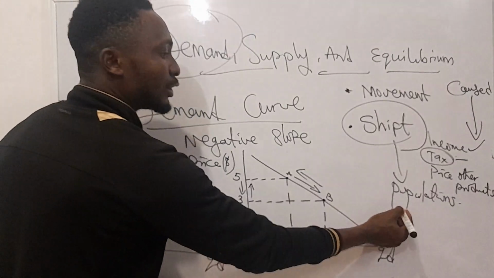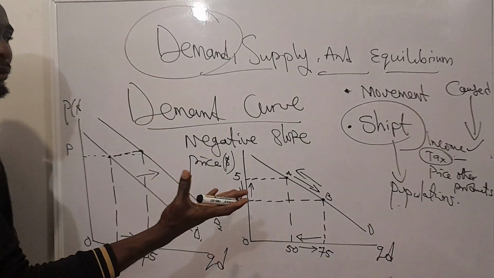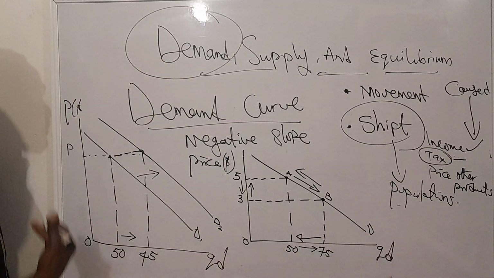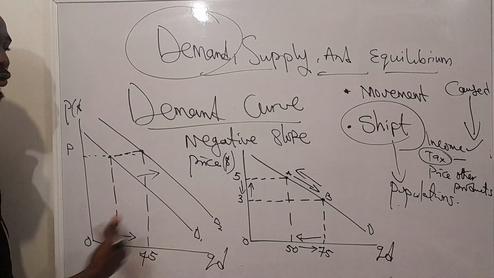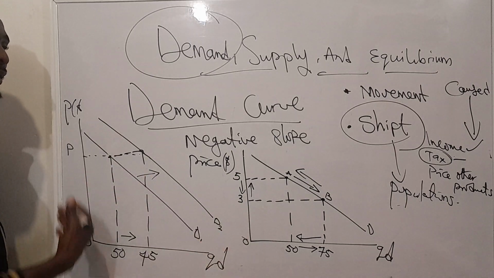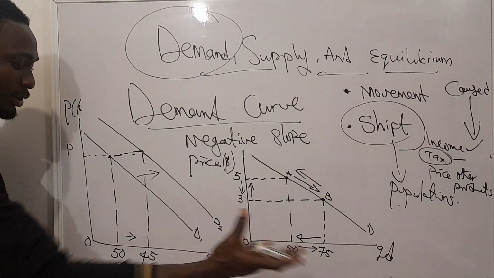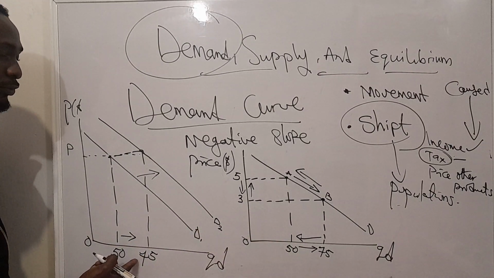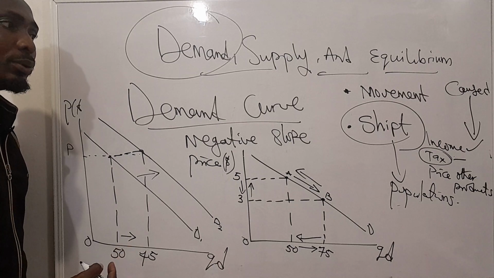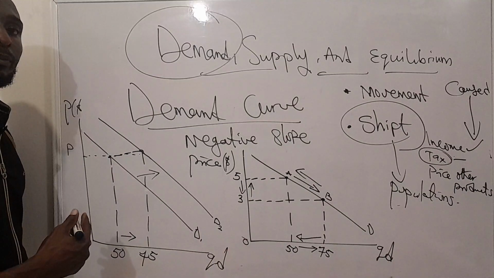And then with population, it is positive. So if the number of persons demanding or needing this product increases, then what you have is that the demand goes up.